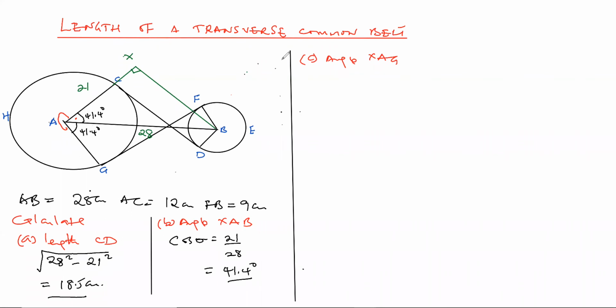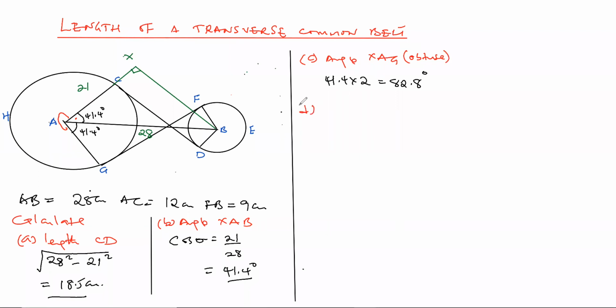Actually, angle XAG is the same as 41.4 times 2, which equals 82.8. Then once I get that, this should be angle XAG, but reflex. No, not reflex but obtuse. I forgot to say that name, obtuse.